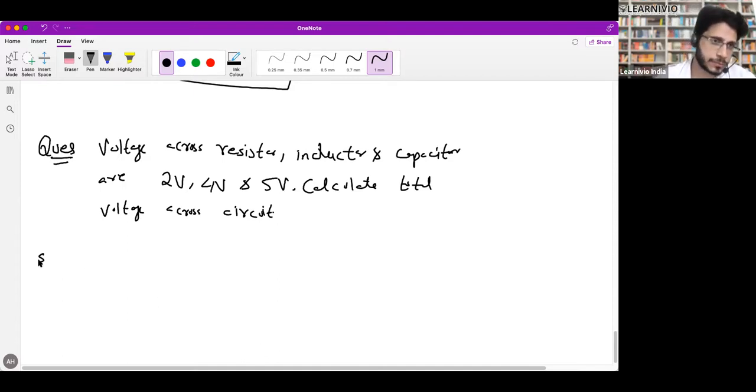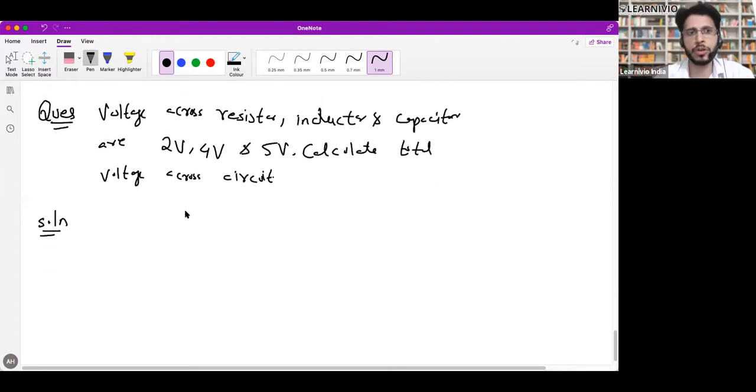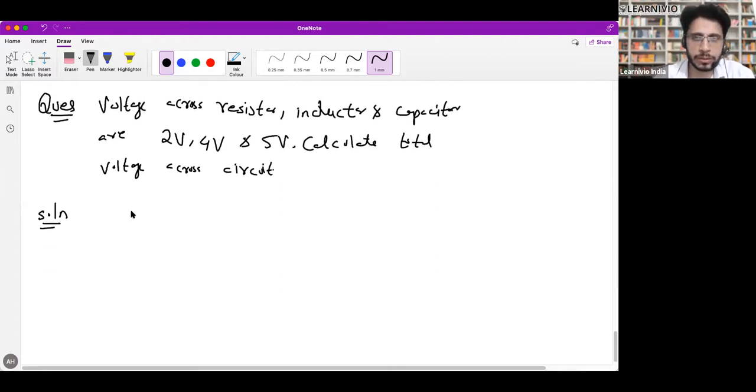Now listen. For the total voltage drop, there is a very common mistake that you can make: you can just see what is given. If it is not mentioned which voltage this is, peak value, RMS value, or average value, then which value will we consider?